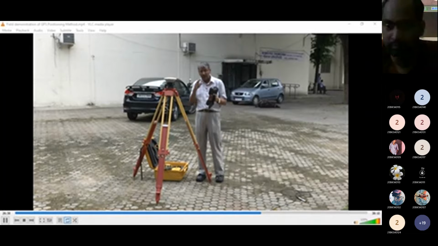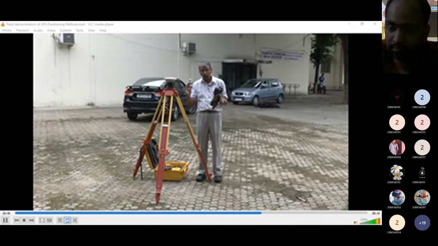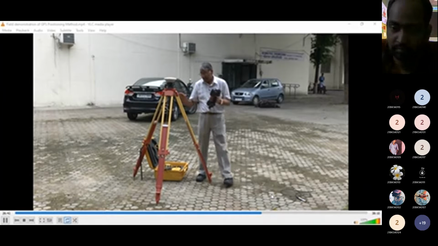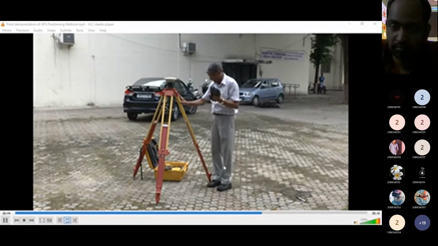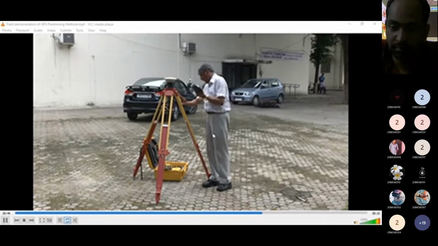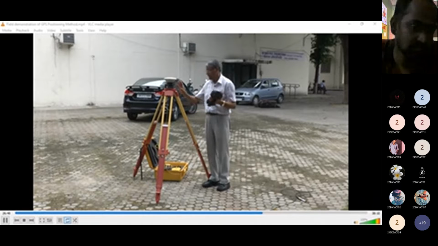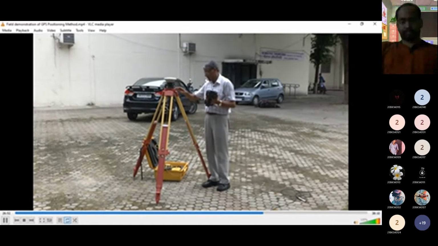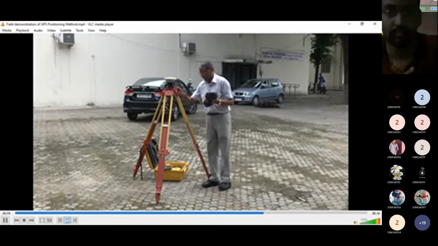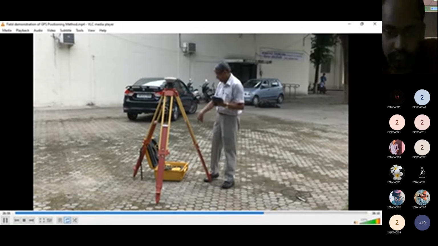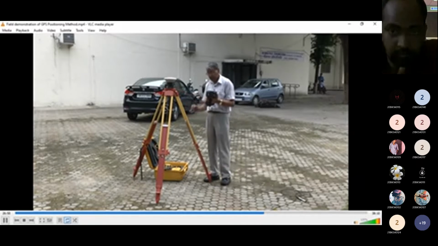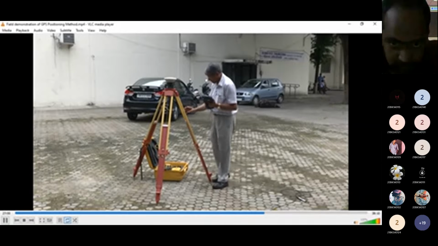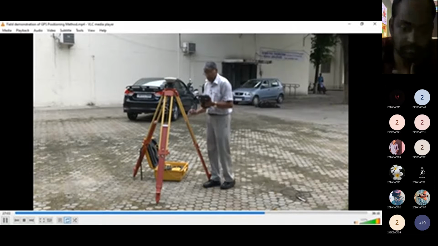Before taking the measurement in this method, first we have to go for initialization. Here we have placed the antenna on a point after properly leveling and centering, and this is a temporary point where we will be initializing.